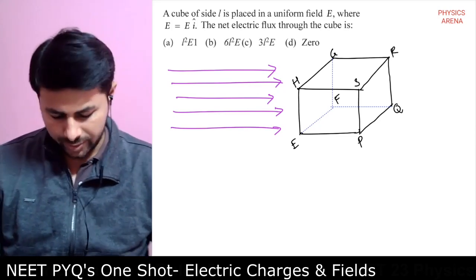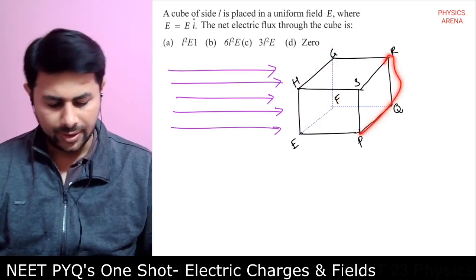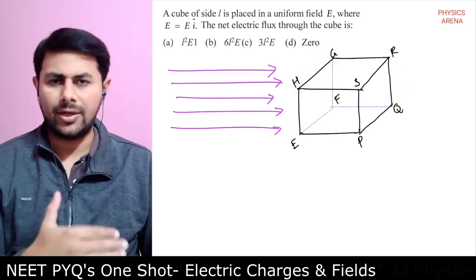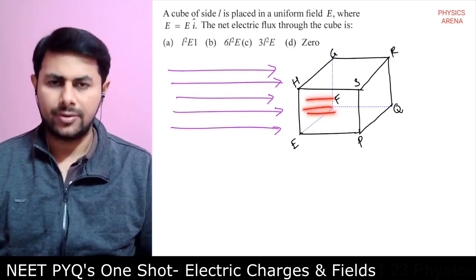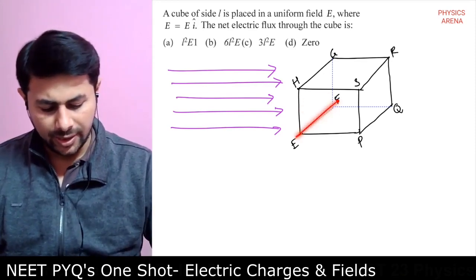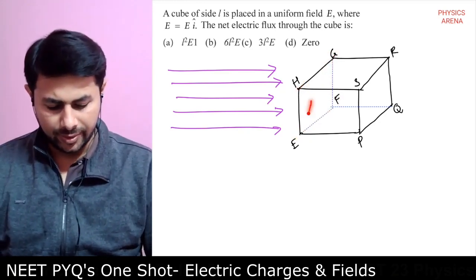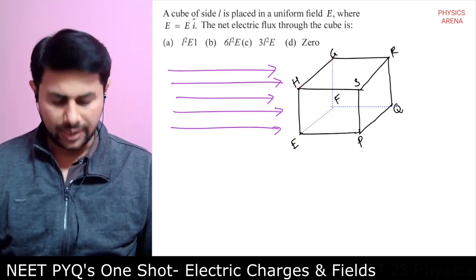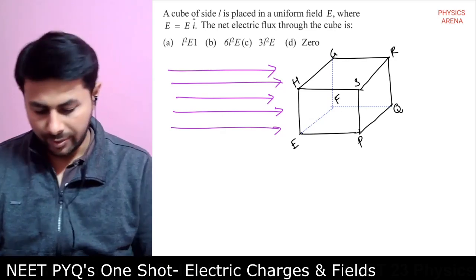Okay, let's name it EFGH PQRS. Now the electric field lines will enter this cube through this face, EFGH. This is some area, and there will be an area vector associated with this area.